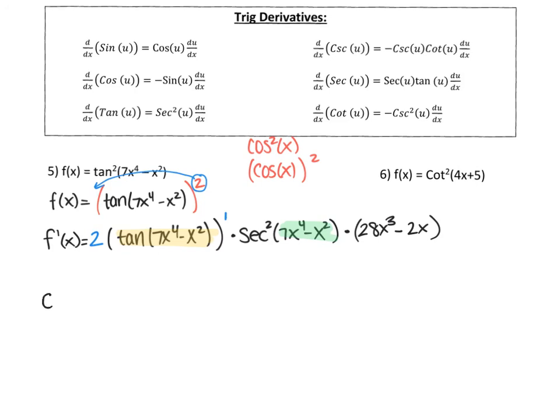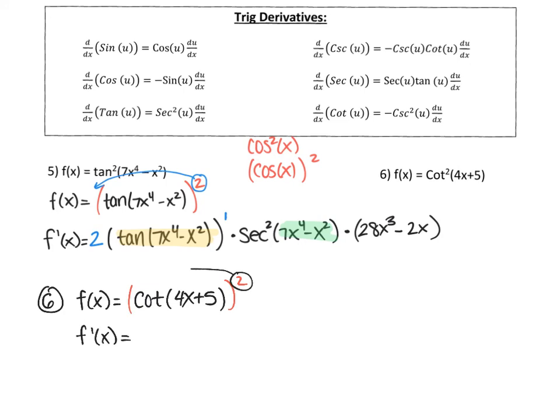All right, I'm going to put the work for 6 down here. So the first thing you needed to do with 6 is rewrite it as cotangent of 4x plus 5, this whole thing squared. So then when you take the derivative, f prime of x, you're taking the exponent, dropping it in front. So 2 cotangent of 4x plus 5, now to the first power, then times the derivative of the inside.